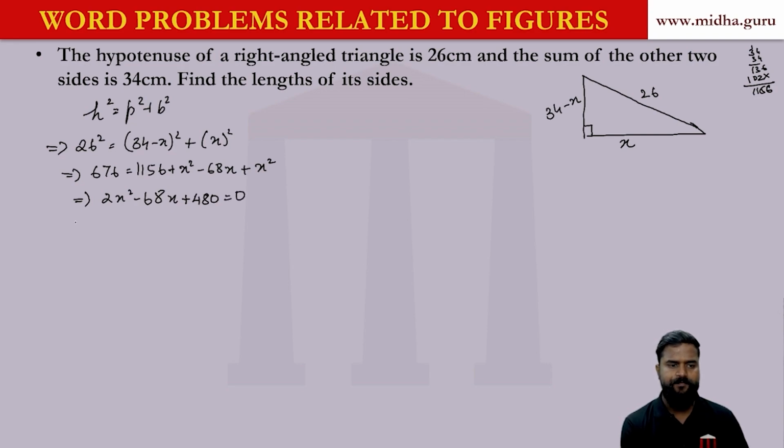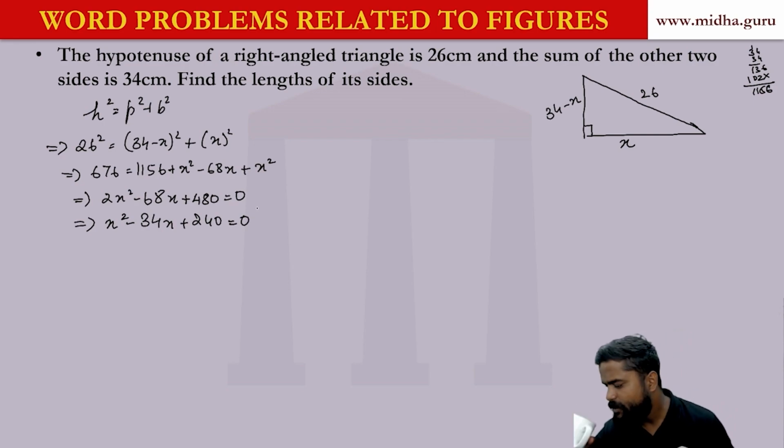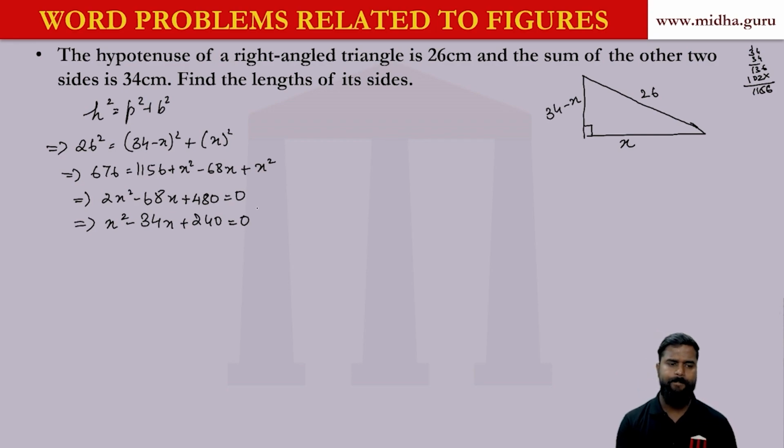The whole thing is equal to 0. Now we'll divide the whole equation by 2. So we'll get x squared minus 34x plus 240 is equal to 0. Think about what we need to do to factorize this. I'll just take a sip of tea. So now we have a is 1 and c is 240.